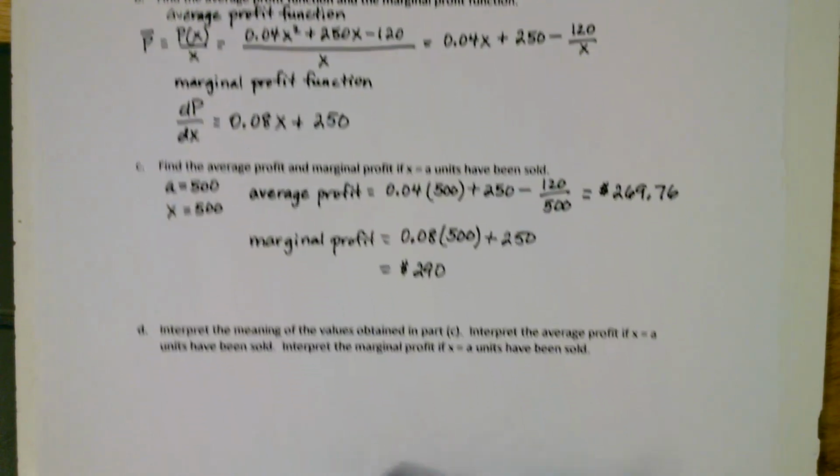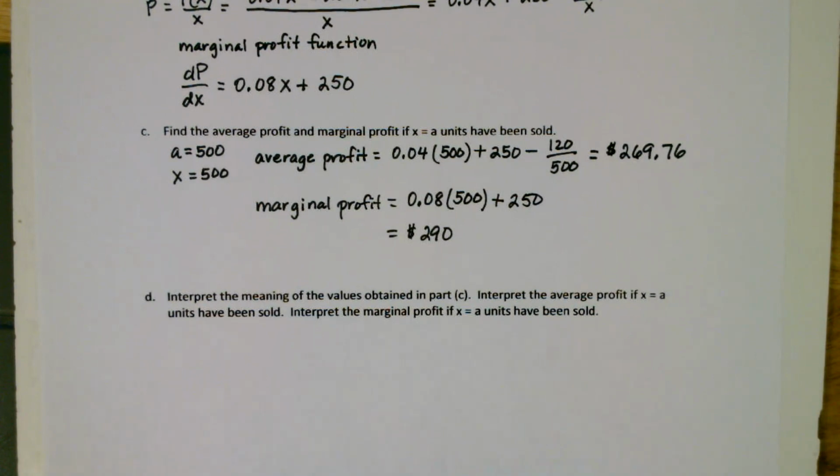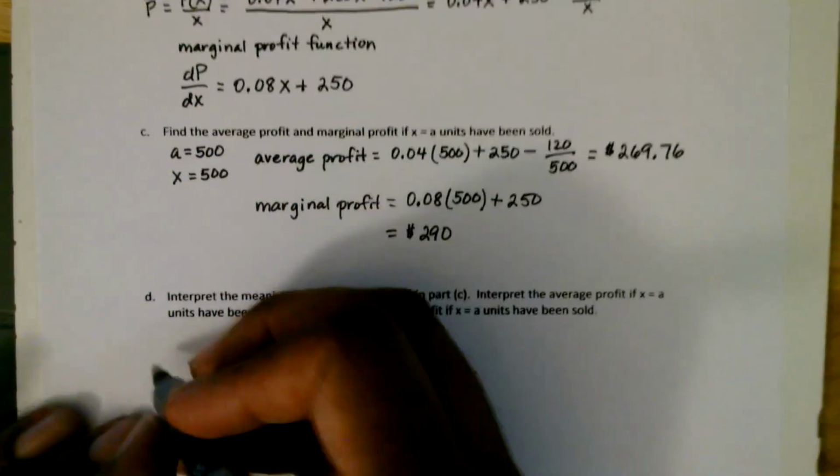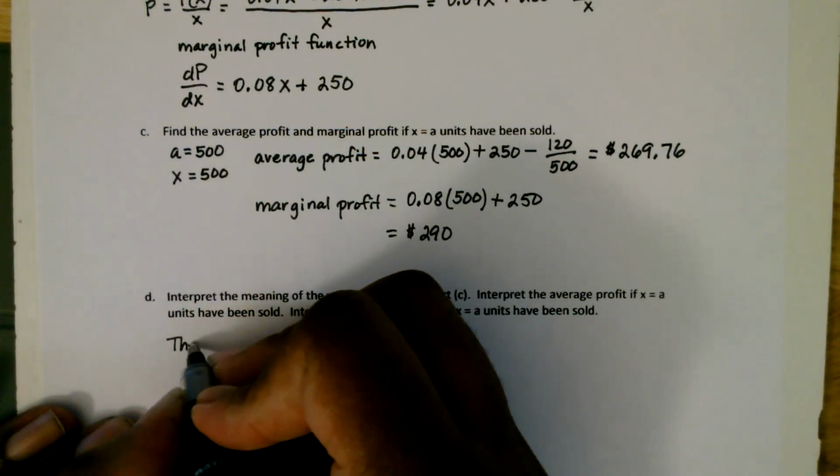And of course, in part D, they're going to want us to interpret the meaning of the values in part C. Interpret the average profit if X is equal to A units have been sold. Interpret the marginal profit if X equals A units have been sold. Well, let's start with the average profit. What does that mean?